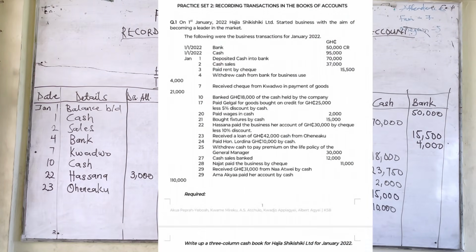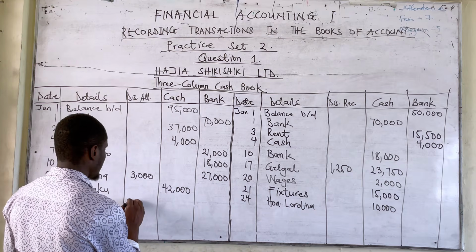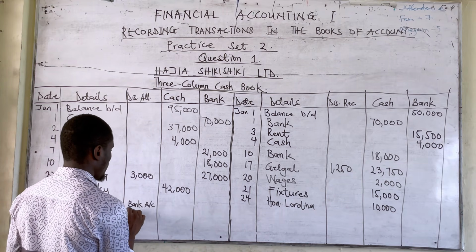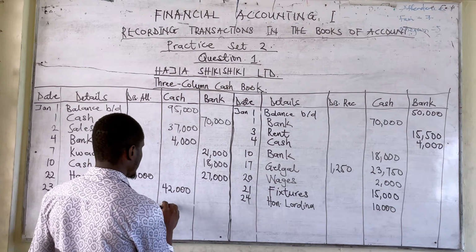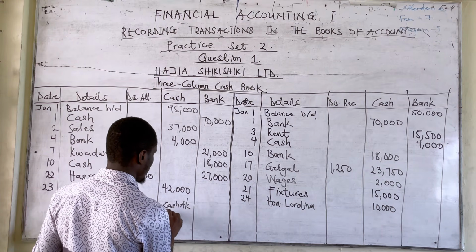It says we drew cash to pay a premium on the life policy of the general manager. Okay, so where do we withdraw cash from? From the bank, right? Good. So let's make this simple scenario. This is the bank account. Okay, this is the cash. Because we withdrew cash.